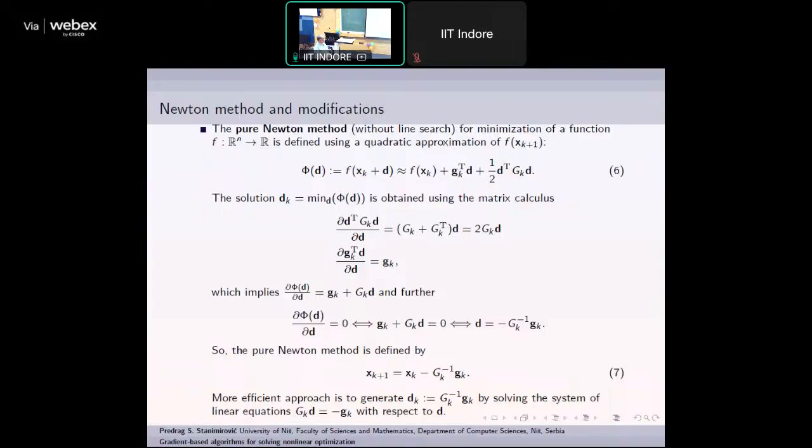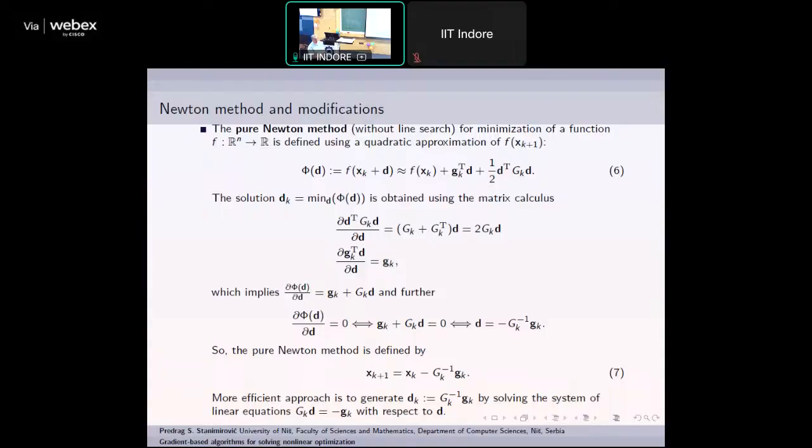And pure Newton method is defined in this way. Pure Newton method has the fastest, second order convergence because it is based on second order Taylor expansion. Theoretically looks excellent, but practically not at all.